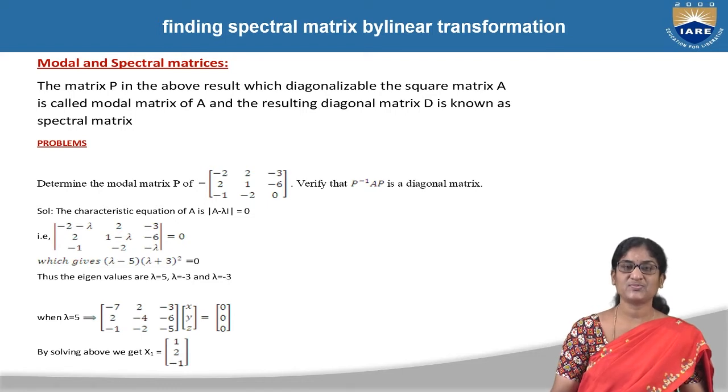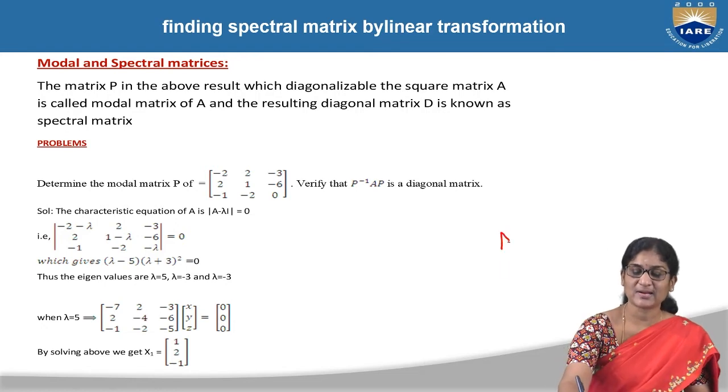Already in the last sessions we have done how to diagonalize the given matrix, and what is a modal matrix and what is a spectral matrix. The matrix P which diagonalizes the square matrix A is called the modal matrix.